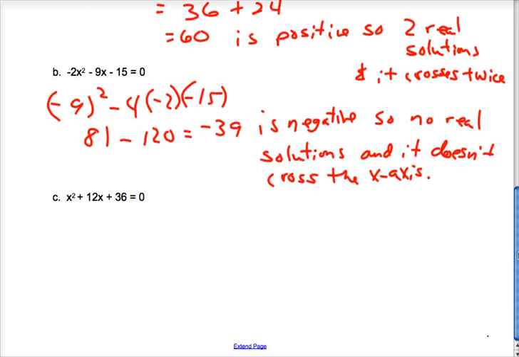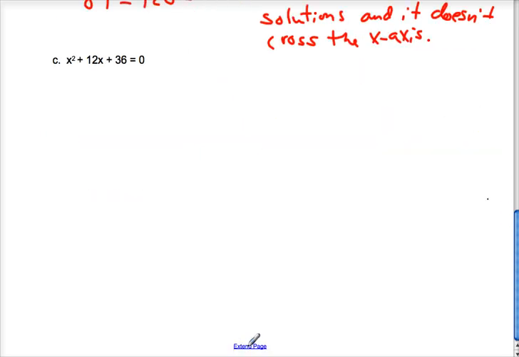Finally, one more time, bet you can tell what this one's going to end up being. B squared, 12 squared, minus 4 times a, which is 1, and c is 36, 144 minus 144. That's 0.